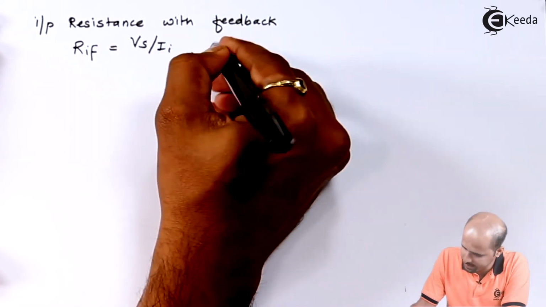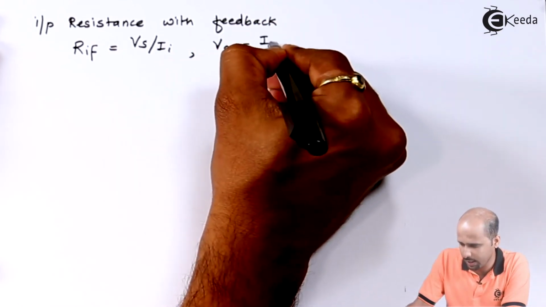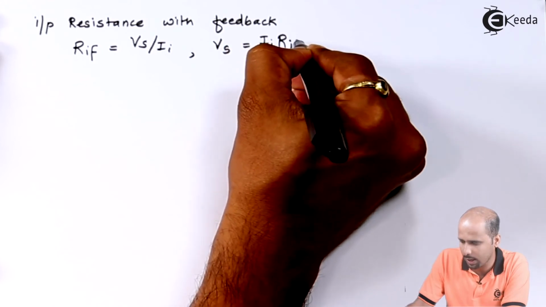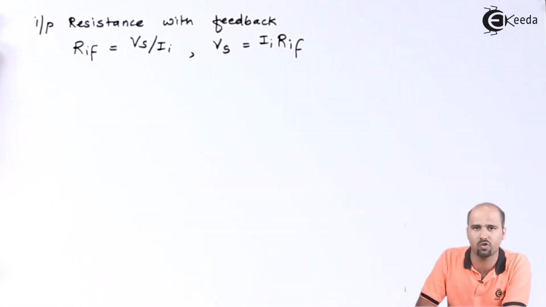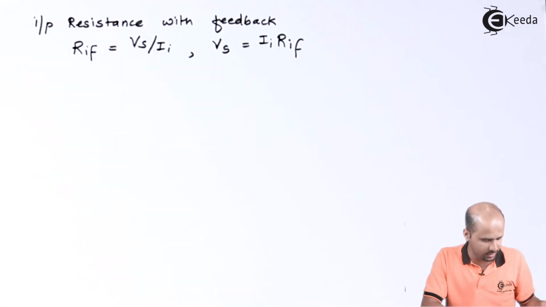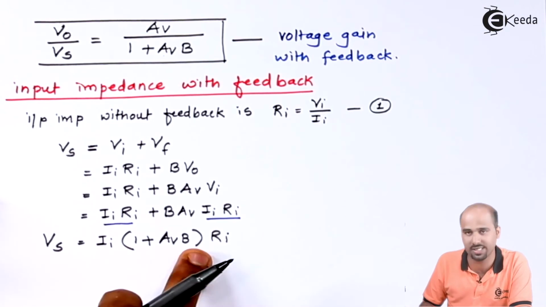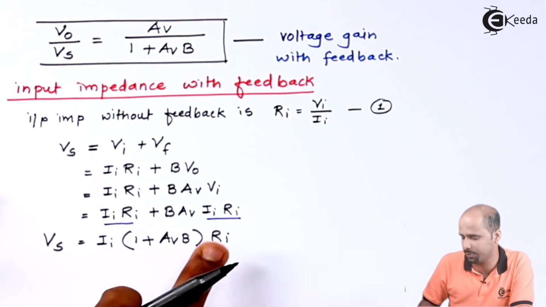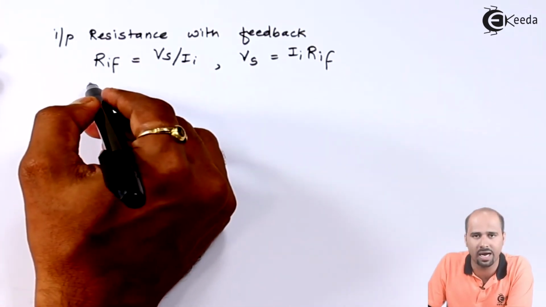Right? So what's the value of Vs then? Vs is equal to Ii into Rif, right? And whatever Vs value we have got right now, we will put it in the formula, that is Vs is equal to Ii into that stuff, 1 plus AV into B multiplied by Ri. So let's try to get what value of Rif I'm getting.